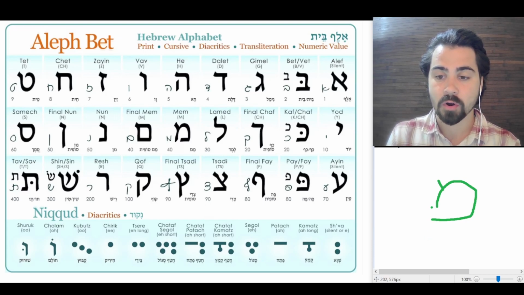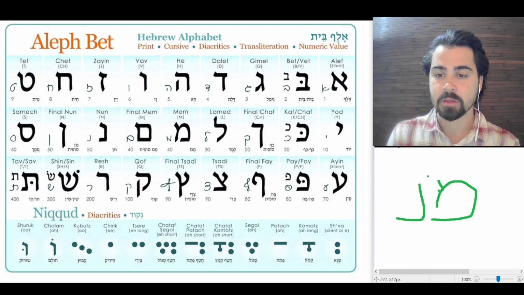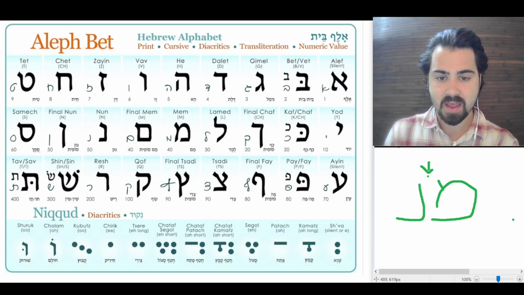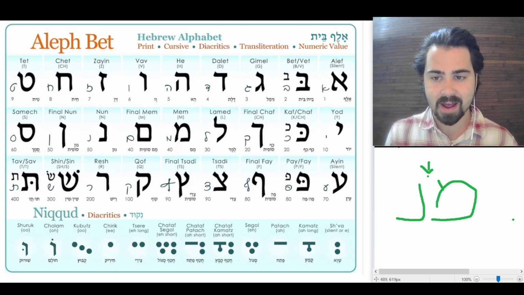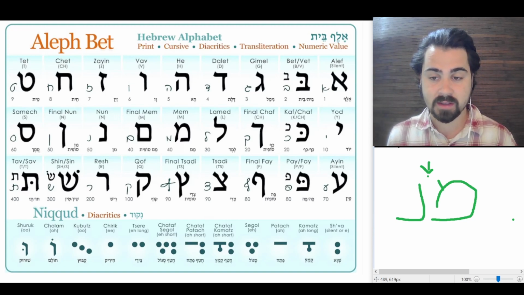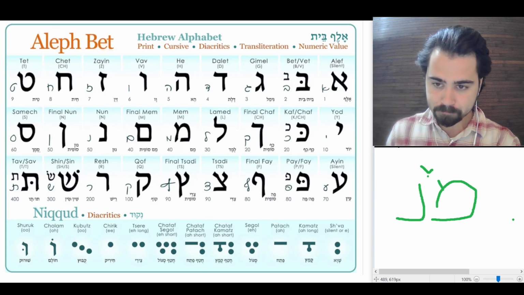So if at any point you see a dot between one letter and the other, you can remember that it means that it's a vav, it's an o sound. Yeah, and this is the only time that we have dots on top. So you can remember it like this. You see dot on top, O sound, always.